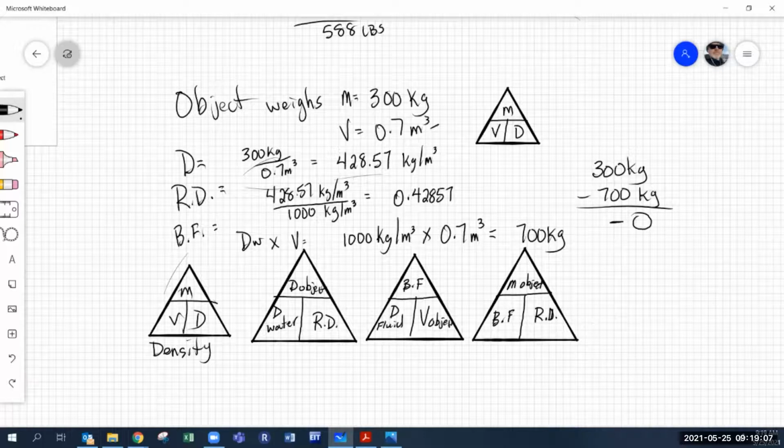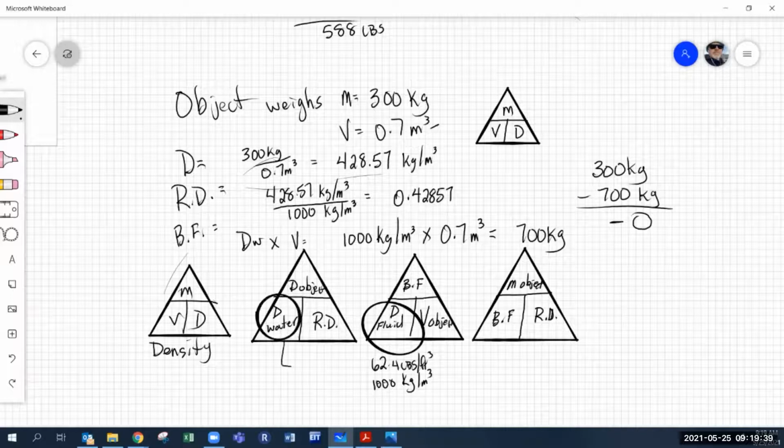So you could use those 4 to do any of these calculations. The last three, they're all density. They're all defined by density of the fluid. So if I'm talking about density of fluid here, I'm talking 62.4 pounds per cubic foot. We're talking about fresh water, 1,000 kilograms per cubic meter. Those are two densities of water, density of the fluid.